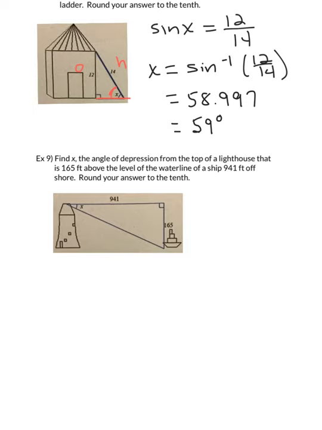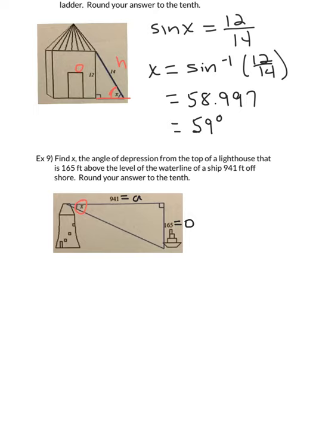If we look at our angle, here's x, and then looking at the two sides we are given, the 941 is the leg connected to x, so it's the adjacent, and the 165 is the side across from x, so it's the opposite.